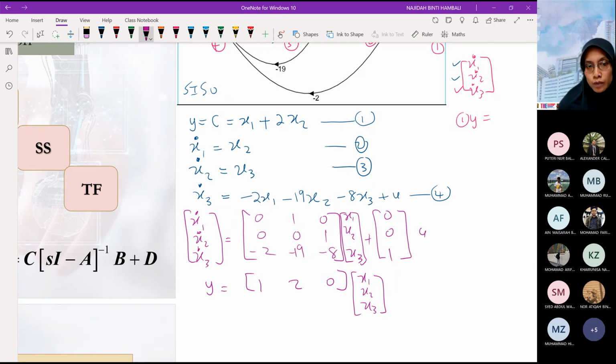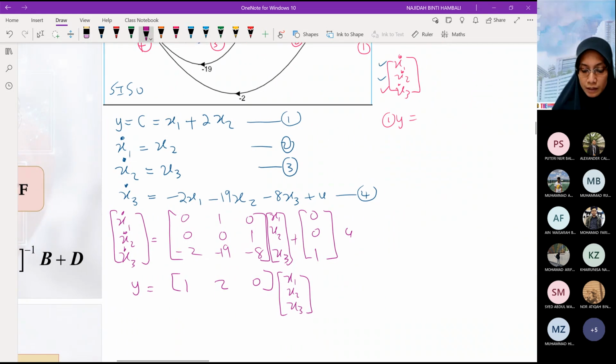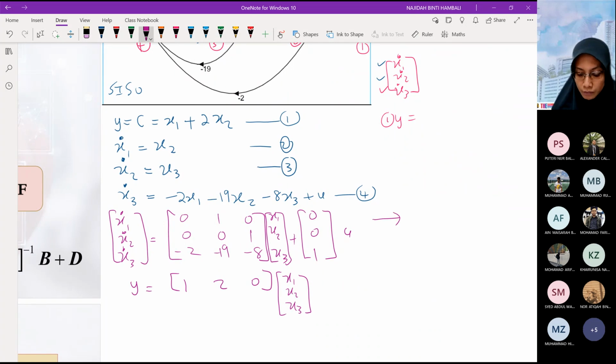Then you can proceed with the determine the adjoint of matrix sI minus A, divide by calculate the determinant of sI minus A, then multiply with matrix C and B. Okay, daripada sini you dah boleh construct. First one, determine the cofactor first. Okay, you ingat step dah.